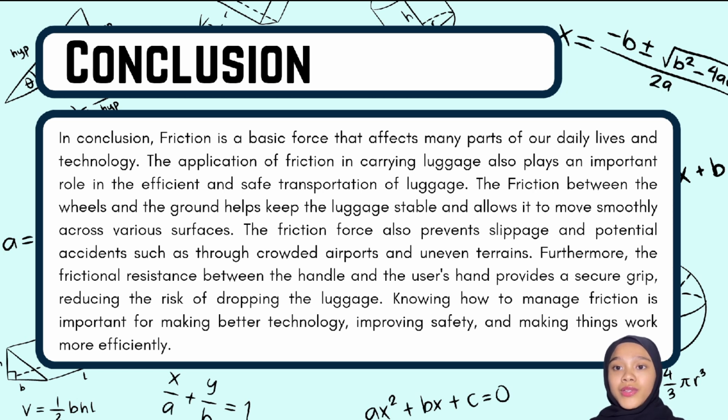The friction force also prevents slippage and potential accidents, such as in crowded airports and on uneven terrains. Furthermore, the frictional resistance between the handle and the user's hand provides a secure grip, reducing the risk of dropping the luggage. Knowing how to manage friction is important for making better technology, improving safety, and making things work more efficiently.